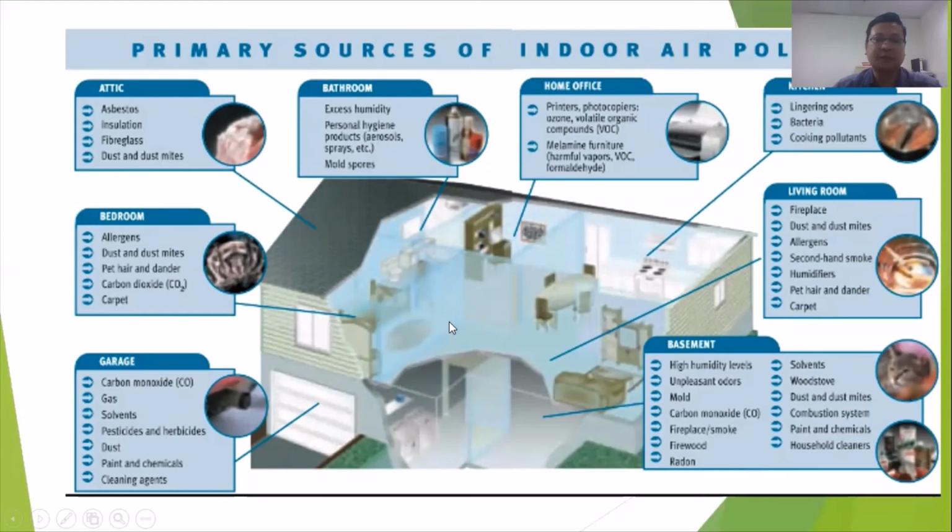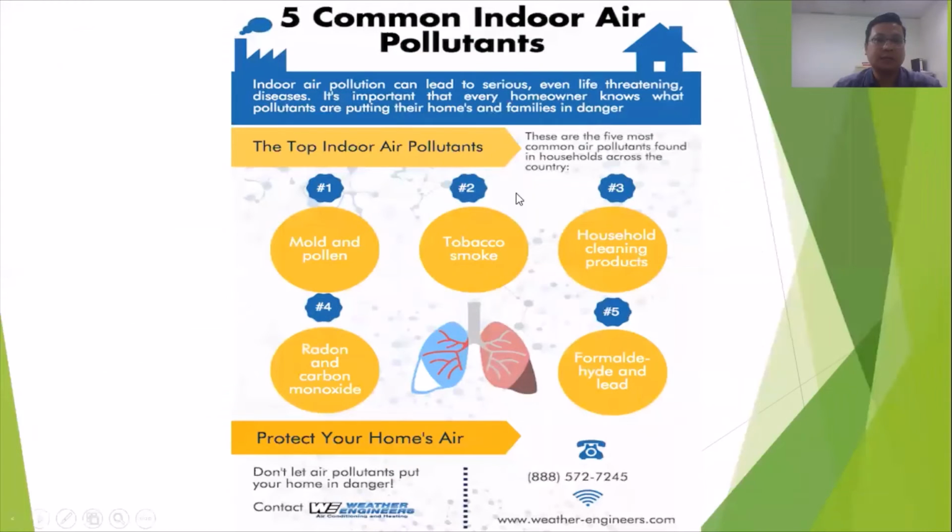So, five common indoor air pollutants. The first one, mold and pollen, tobacco smoke, household cleaning products, radon and carbon monoxide, and the last one, formaldehyde and lead. These also contribute to our health.